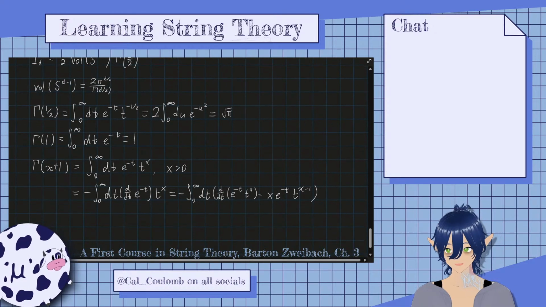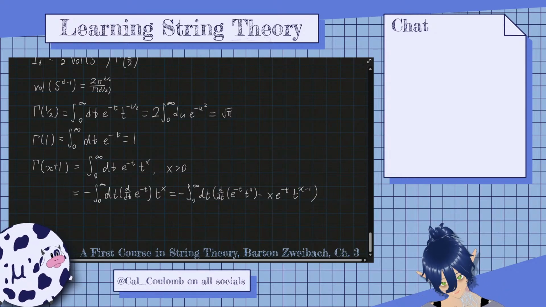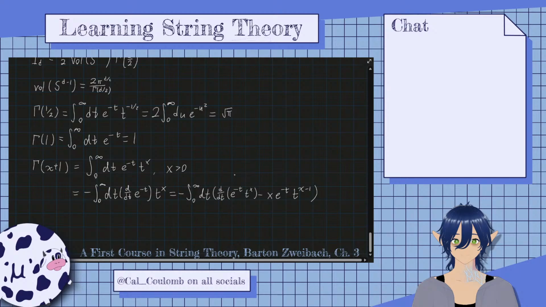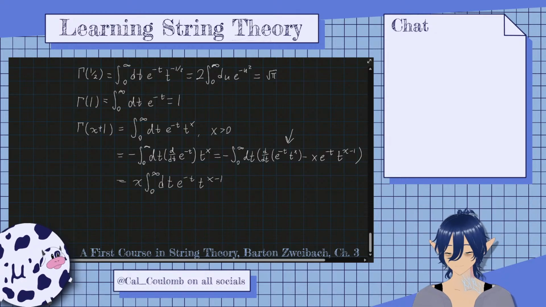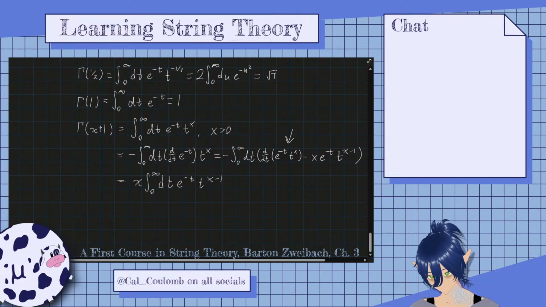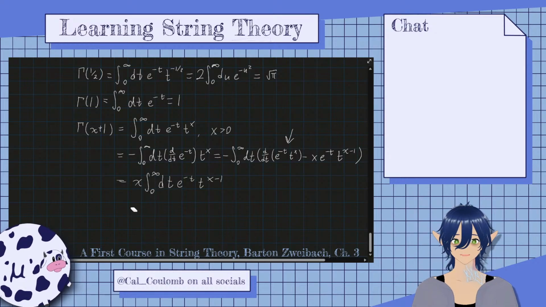Now the boundary term will vanish for x greater than 0. That's this term right here. And so we're only going to be left with x times the integral from 0 to infinity of dt e^(-t) t^(x-1), which should look familiar because this is just Γ(x).